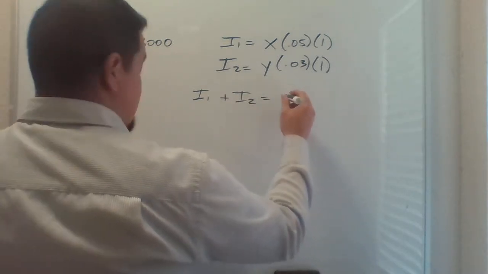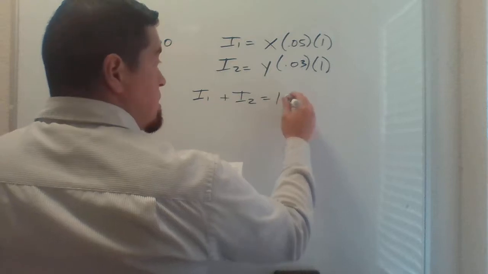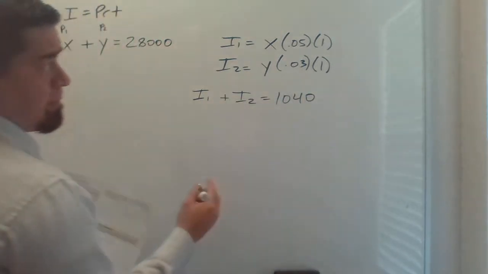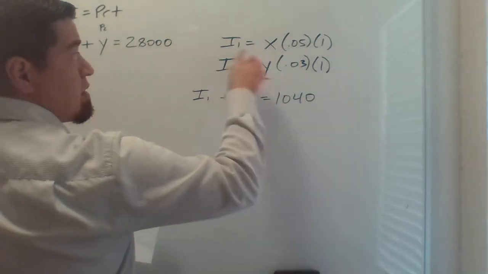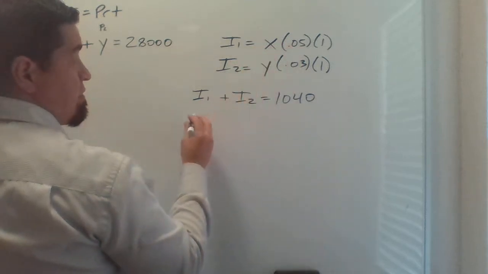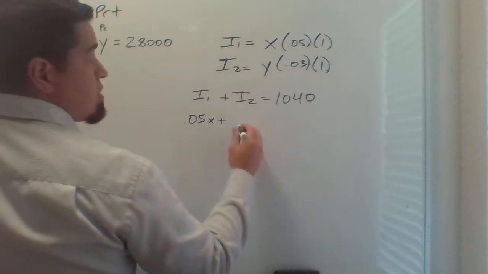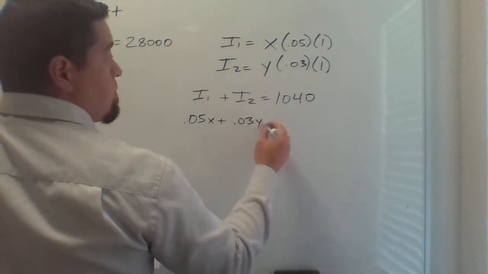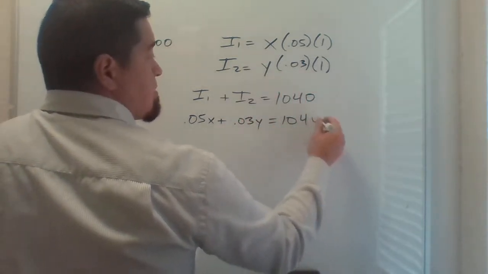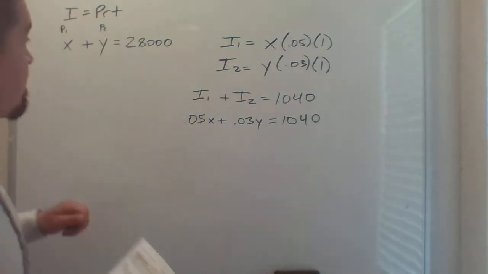That's supposed to add up to 1040. We know interest 1 is 0.05x, plus interest 2 is 0.03y, and that's supposed to equal 1040.